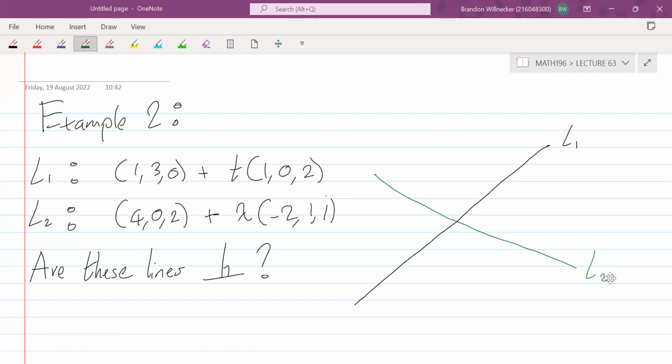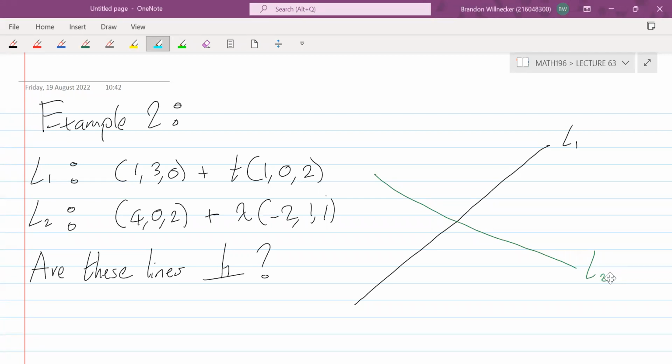Okay, if the angle between them is 90, then that means they're perpendicular. Okay, so how are we going to do that? Well, we know how to find the angle between two vectors, and we also know how to check if that angle is 90. So let's find two vectors, one along L1, one along L2, and find the angle between them.